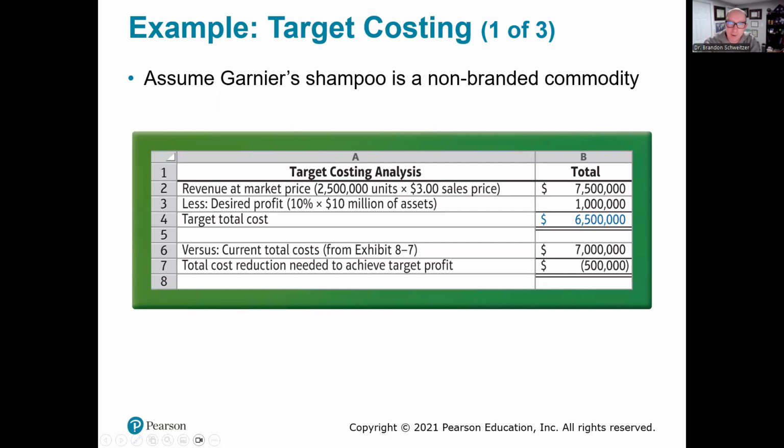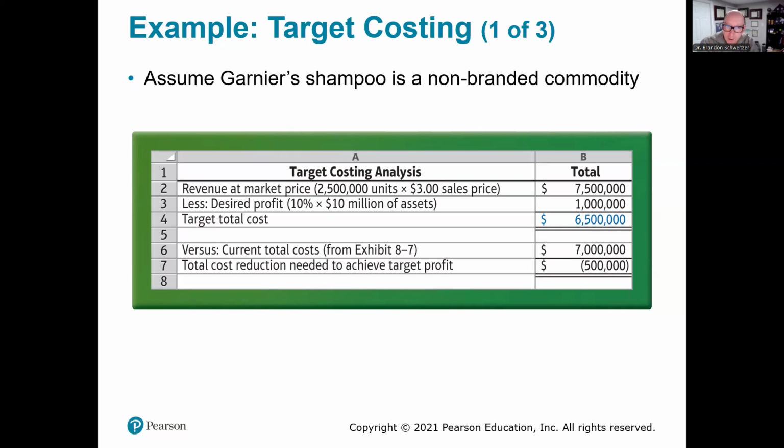So using our same example from Garnier shampoo, our expected sales are 2.5 million units at a sale price of $3 per unit. We subtract out our desired profit of $1 million in this case to get a target total cost of 6.5 million.